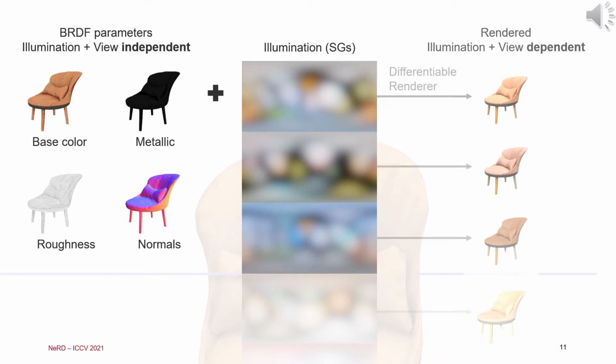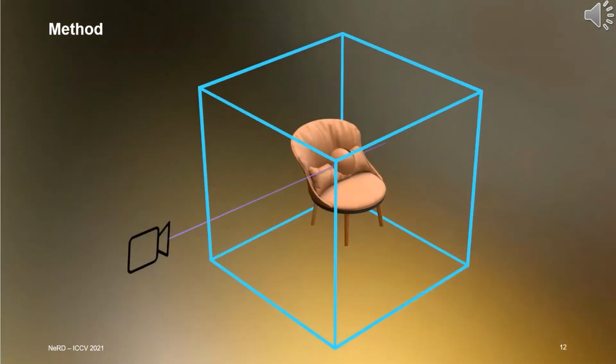Combined with a trainable spherical Gaussian illumination model, which can even be learned for each individual image, we then differentiably render the final output color, which is then view and illumination dependent. The rendered result is then used for the loss calculation with the corresponding color from the input image.